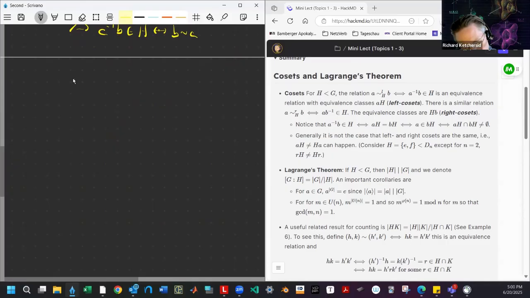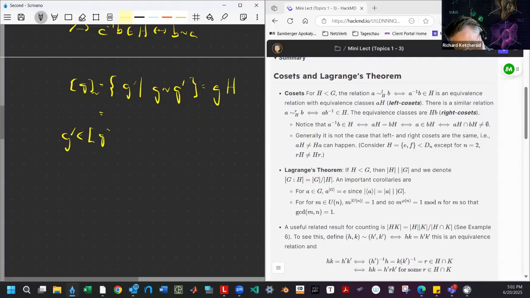So what do I want to say? Generally, the equivalence class of g, mod twiddle, would be the set of all g primes such that g is equivalent to g prime. And what I want to see is that this is actually just gH, all the products g times things in H. So what's actually in here? g prime is in the class if and only if g is equivalent to g prime.